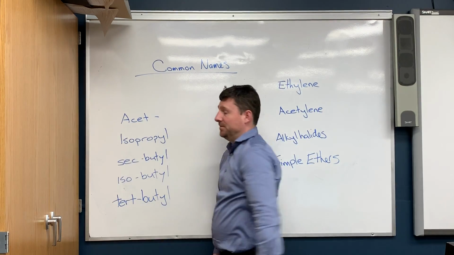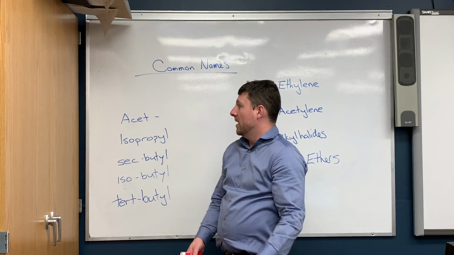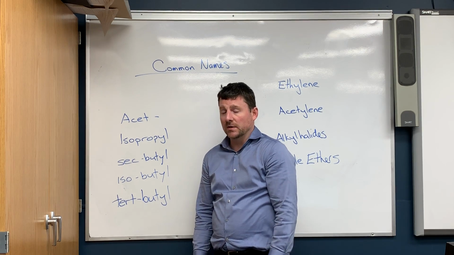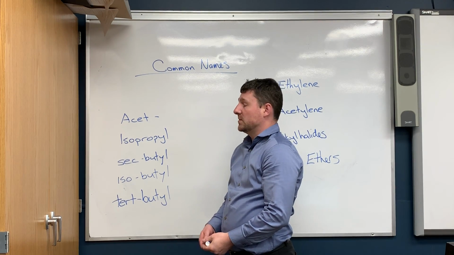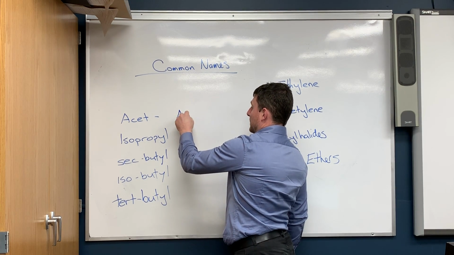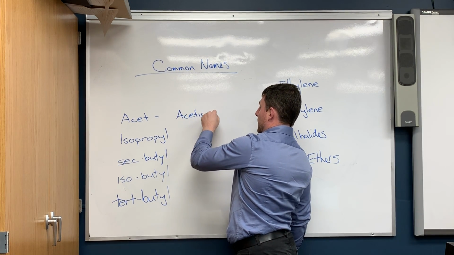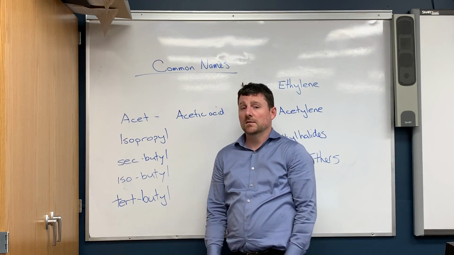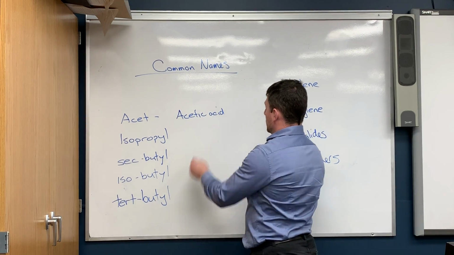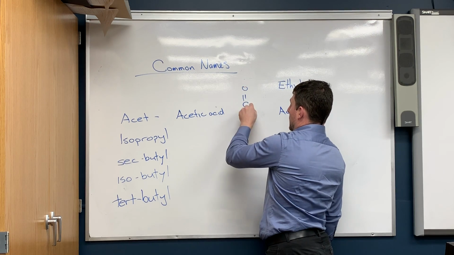So that's form, and we can get rid of that. Acet, like form, refers to 2 carbons. So things that we know already, like acetic acid in vinegar, would just be 2 carbons with a carboxylic acid.